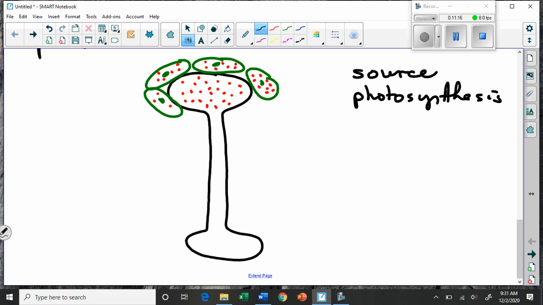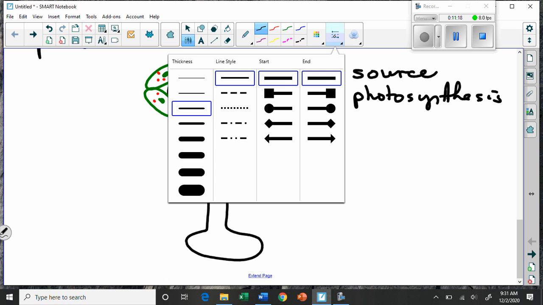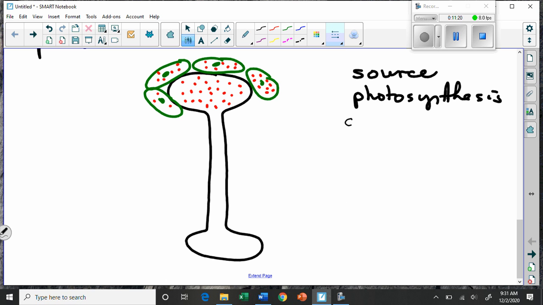And remember, sugar is being made from carbon dioxide, using up water to make sugar, glucose, and some oxygen. So there's my red dots, all being made.